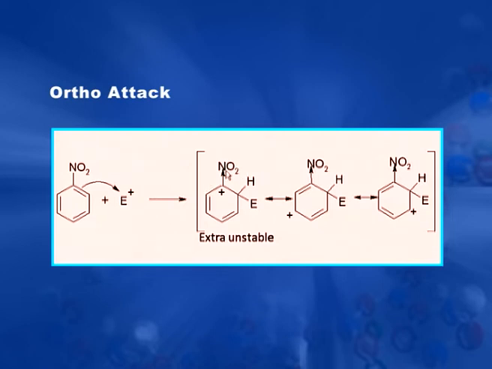So, it intensifies the positive charge. Intensification means this resonating structure becomes extra unstable. So, the contribution of this structure towards resonance decreases. So, out of these three, one is less stable.